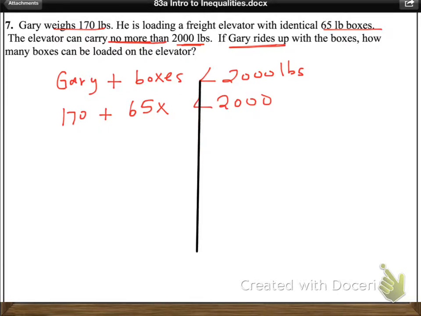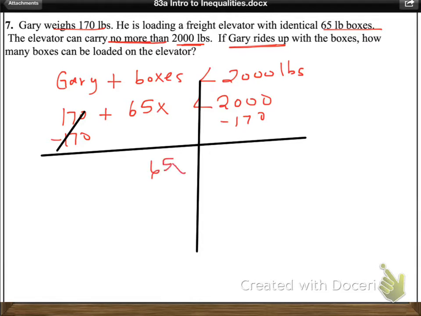Okay? I want to get X by itself, so I'm going to subtract 170 from both sides. Okay, that's going to cancel out my 170. It's going to leave me with 65X is less than. So 2,000 minus 170 leaves you 1,830. Divide both sides by 65.